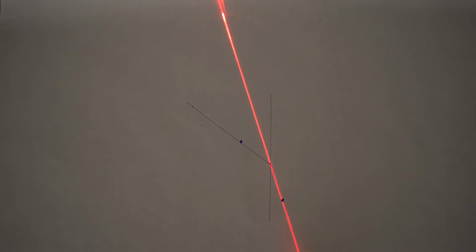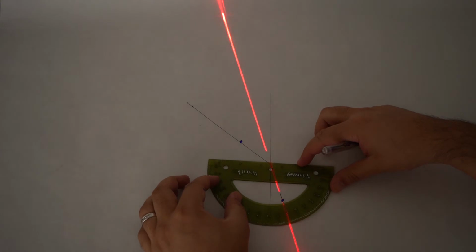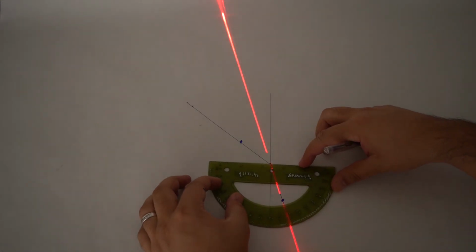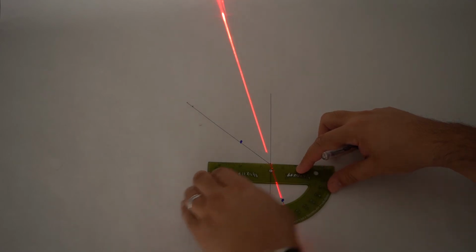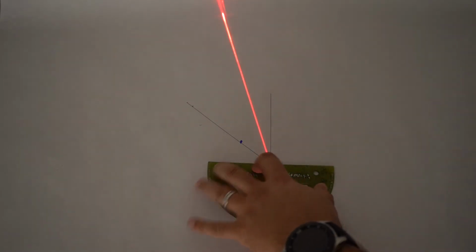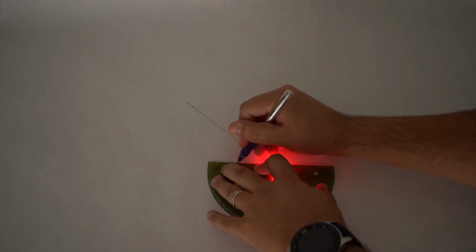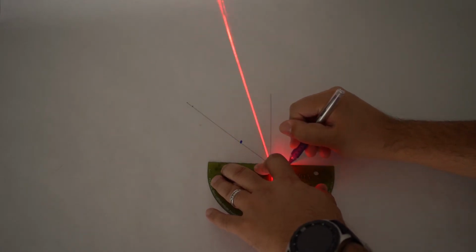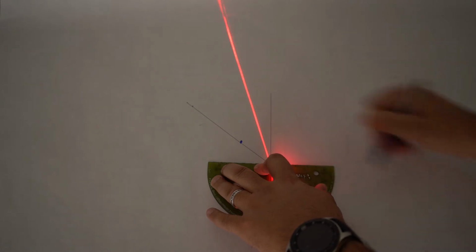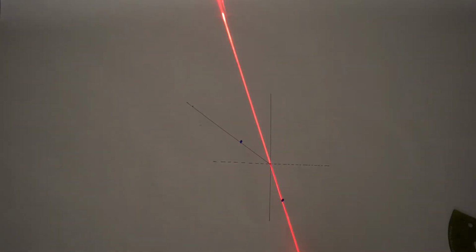Now I'm going to draw in the normal. The normal is going to be 90 degrees to the surface. Now we can clearly see the angles that we're going to need to measure.